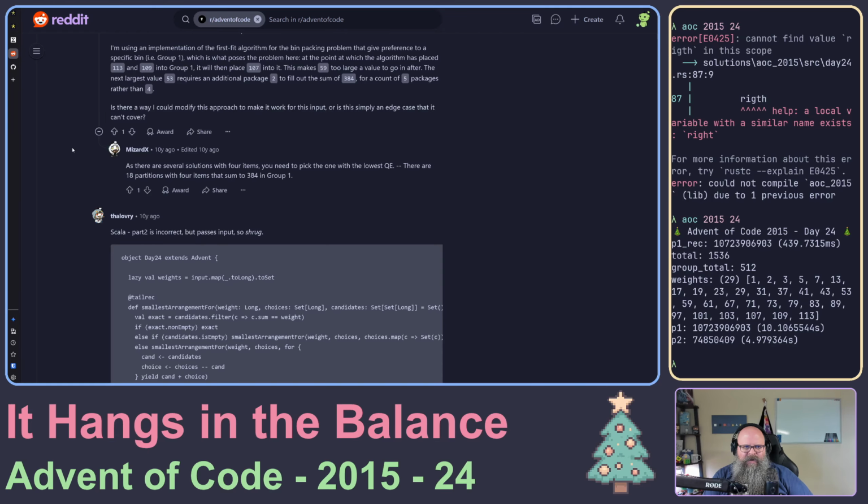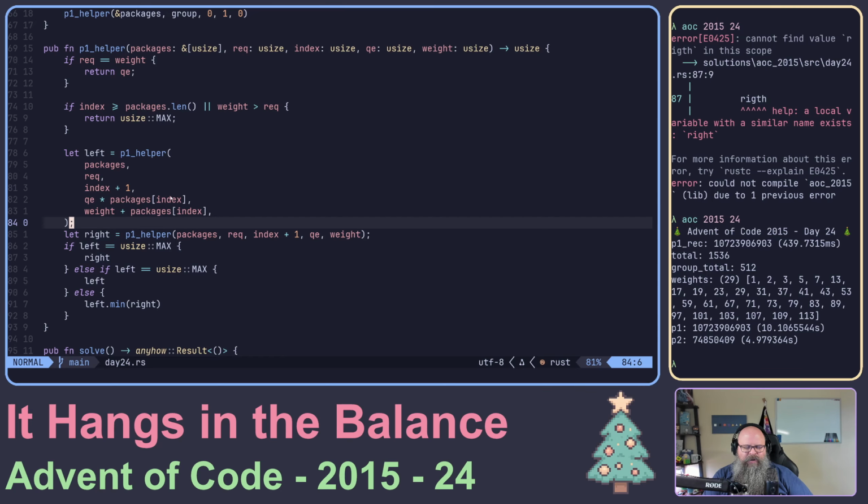Yeah, it's not clear to me why this solution would give you the lowest QE.